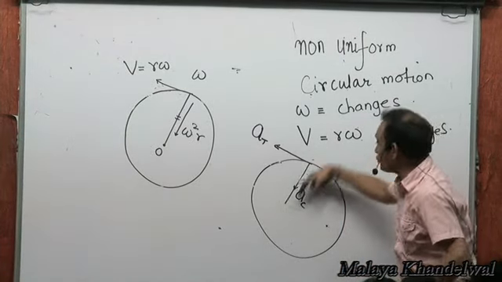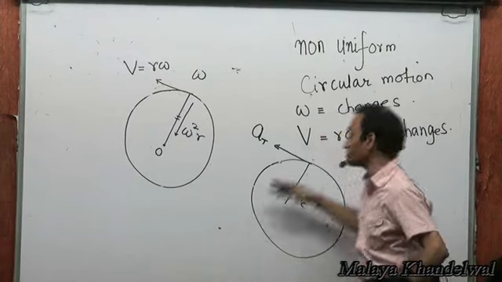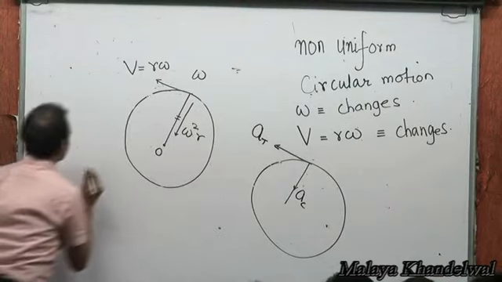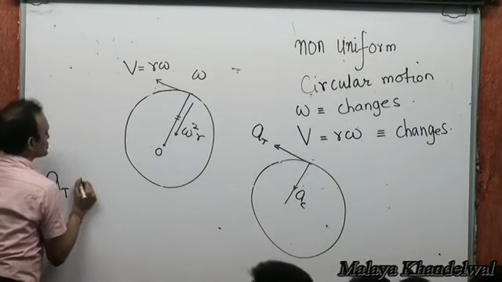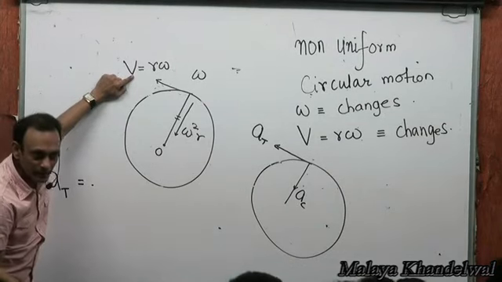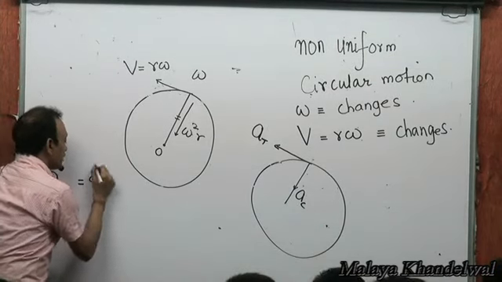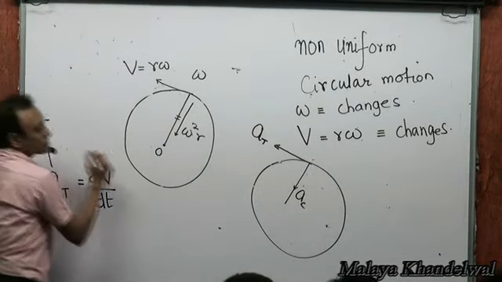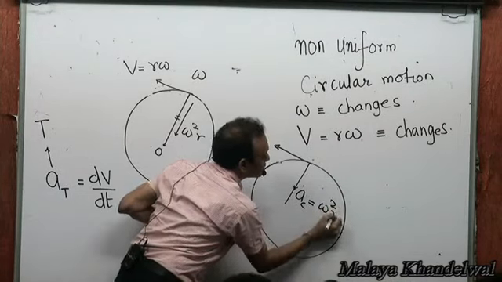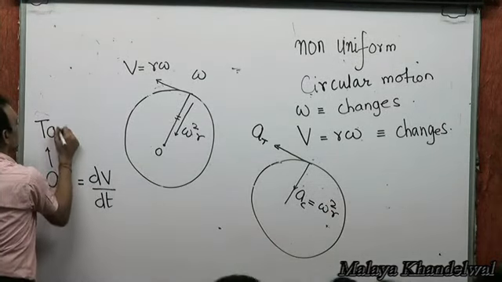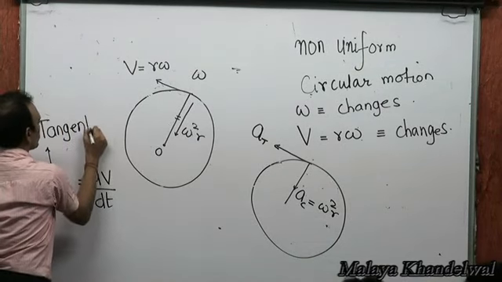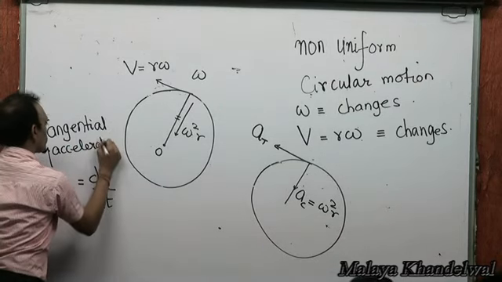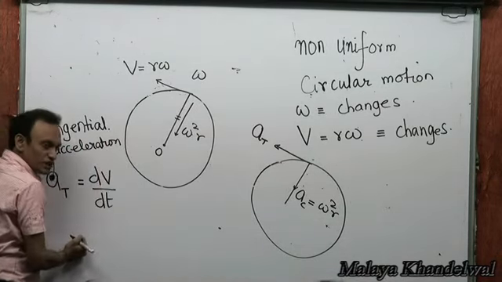So in non-uniform circular motion, there is not just a centripetal acceleration, there is also a tangential acceleration. And how does that tangential acceleration work? What does this tangential acceleration do? It changes linear speed. Therefore, it must be the rate at which linear speed changes with time. That must be tangential acceleration. This is centripetal acceleration, which is omega squared r. Tangential acceleration is d/dt of v.